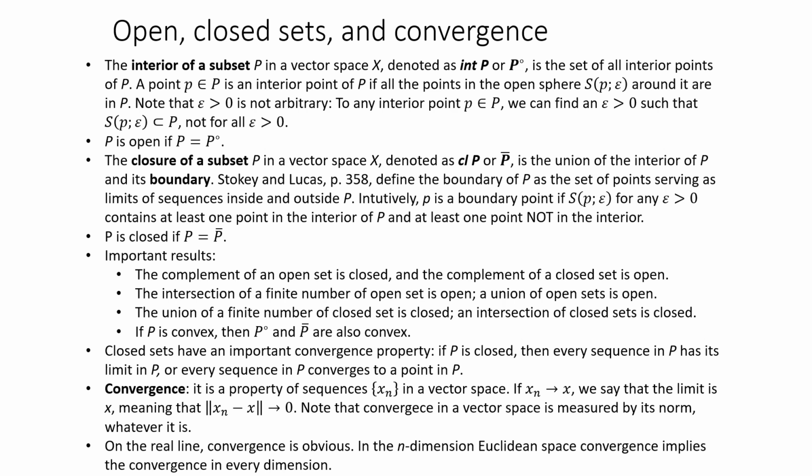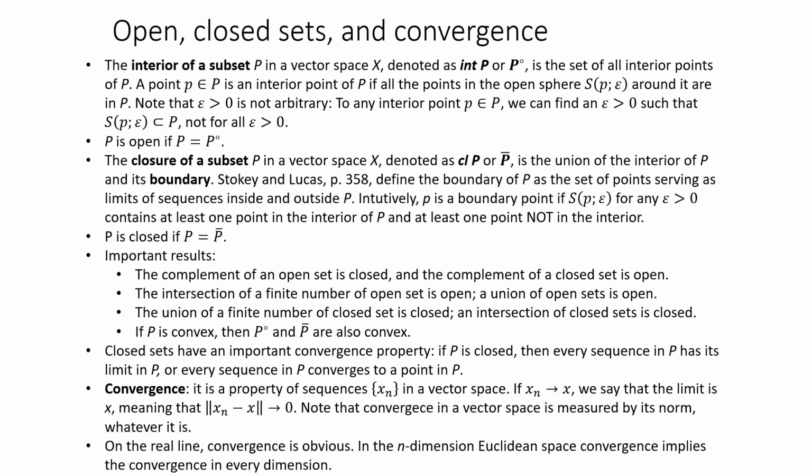So what is an open sphere in the first place? In the two-dimensional Euclidean space, an open sphere is a circle around the point with radius epsilon. In the three-dimensional Euclidean space, an open sphere is a sphere around the point with radius epsilon. It can be generalized to higher dimensions.